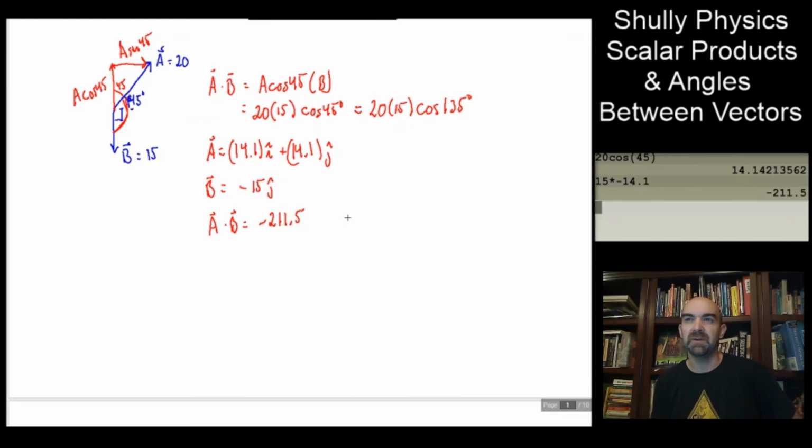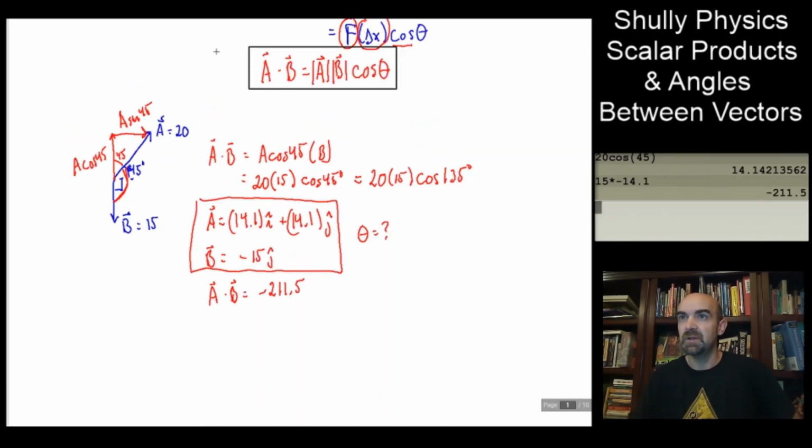So what if we were just given these two vectors, and that's it, and you're asked to find the angle between them? All right, what can you do with that? Well, we can find the dot product. It's right there. But what we'd also have to know is the definition here.